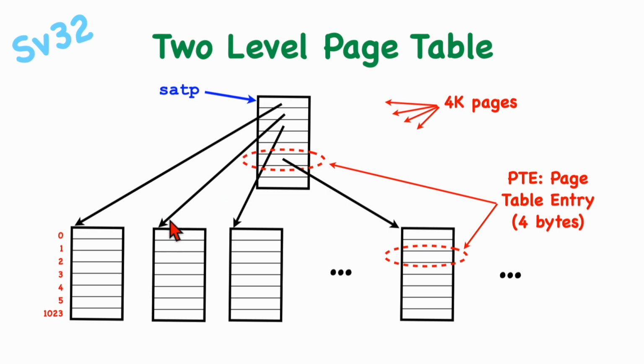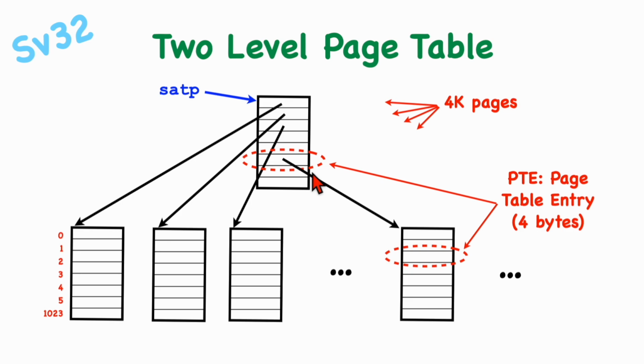Each page table entry points to a node at the next level. Since a page table entry is 4 bytes in size, each node is exactly the size of a page, that is 4 kilobytes.